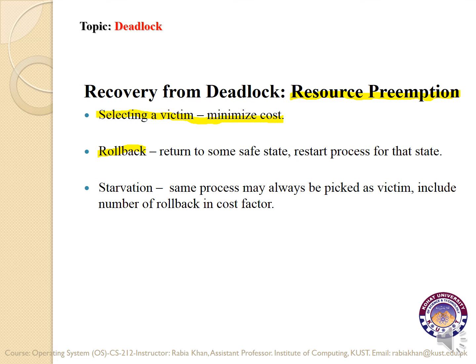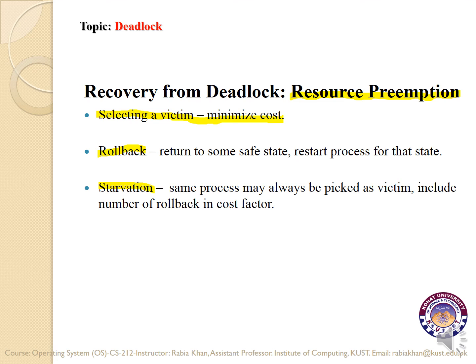It is important to keep in mind the starvation factor. When a victim is selected for termination, the starvation factor is very important to be considered. Because if a process is always selected as a victim to be terminated, it would never get completed, and that would result in its starvation.